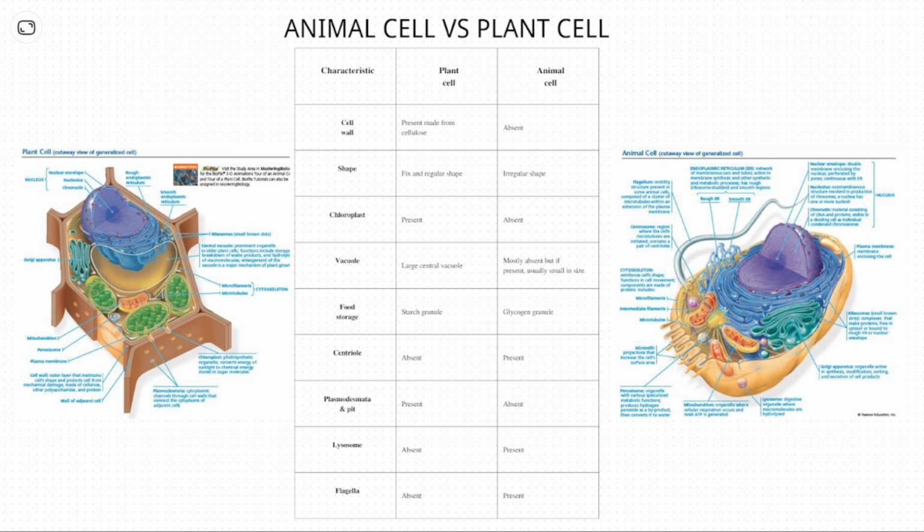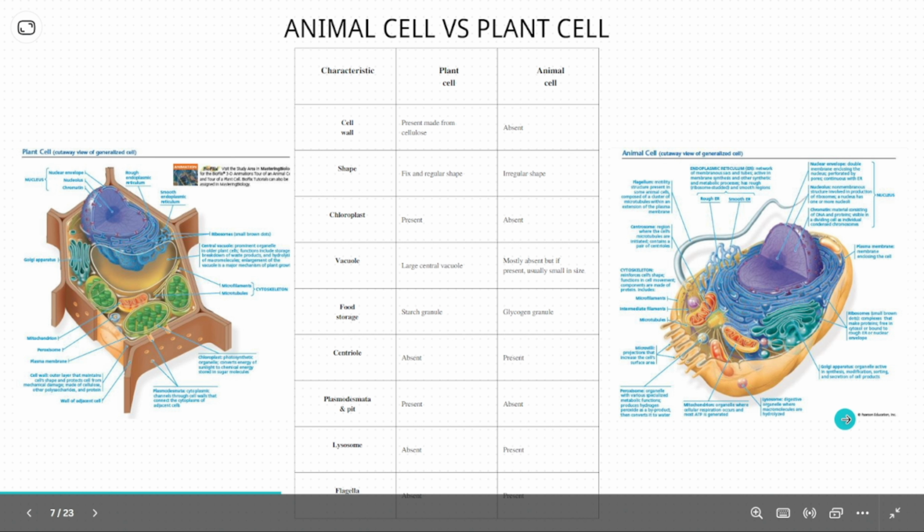Never mind. As I mentioned, animal cell and plant cell are both considered eukaryotic cells. But there are also some minor differences. The major difference is the chloroplast. Plant cells contain chloroplast, while animal cells do not contain any chloroplast. Another difference is the cell wall.